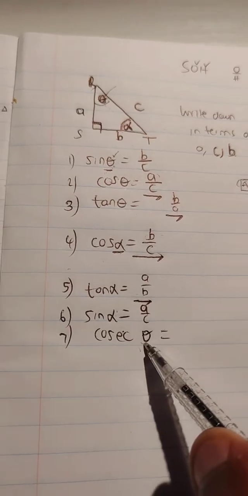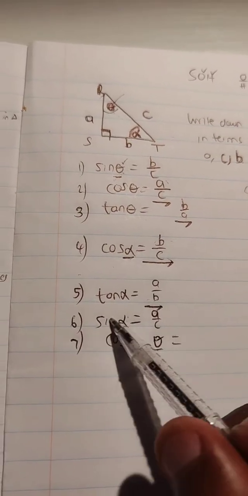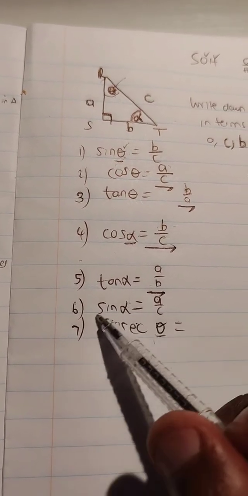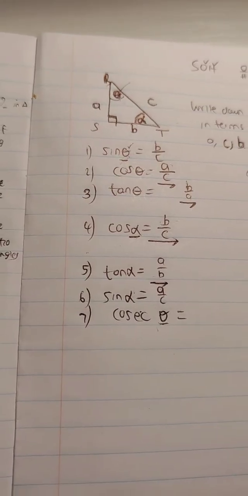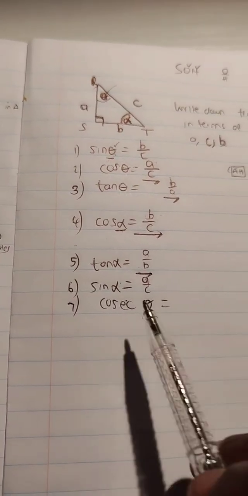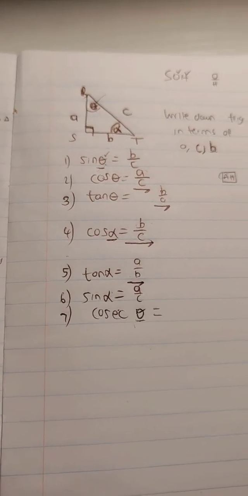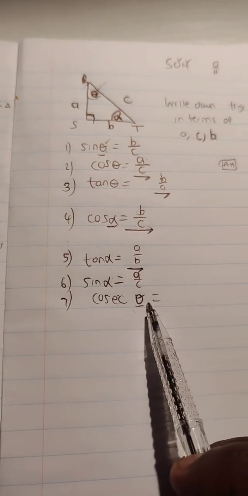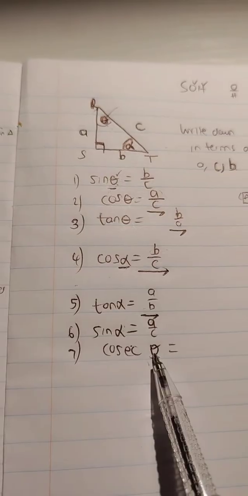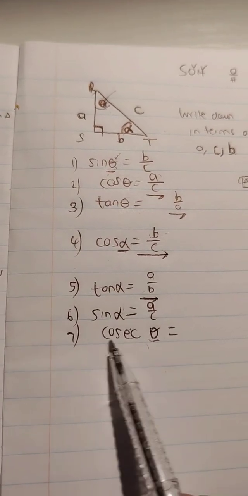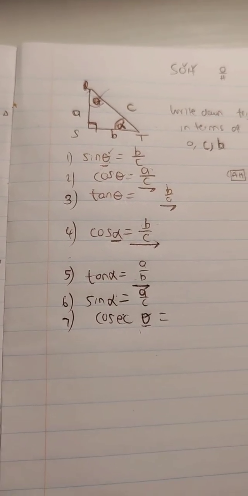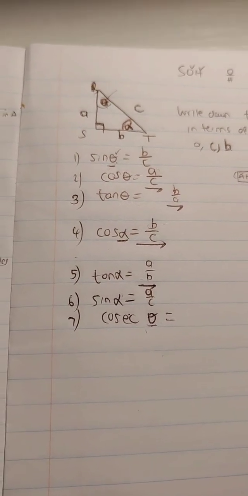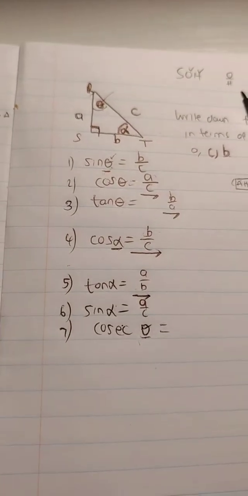Take note of the angle. Where is the angle? Then after identifying the angle, what is the definition of cosec? Do you still remember what the definition of cosec is? Therefore, what then is the answer for cosec?